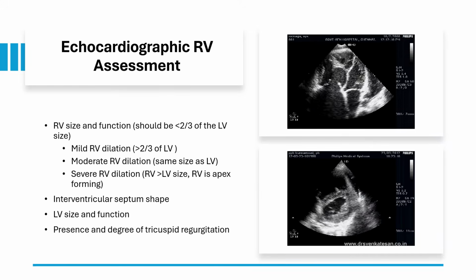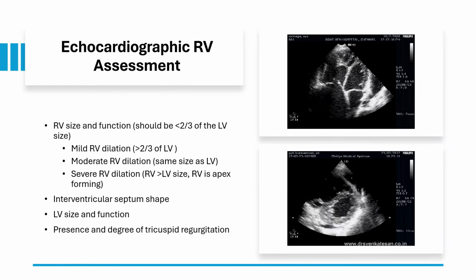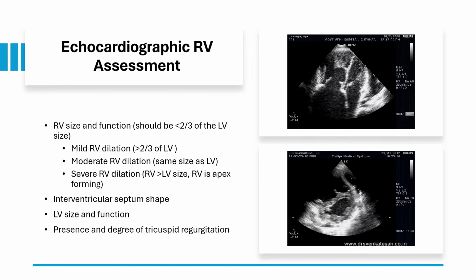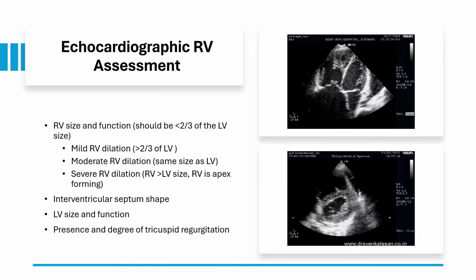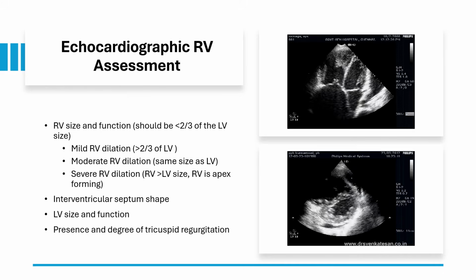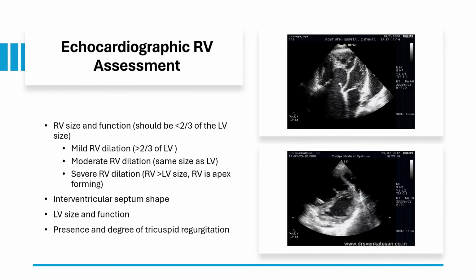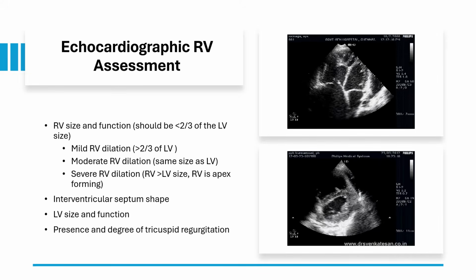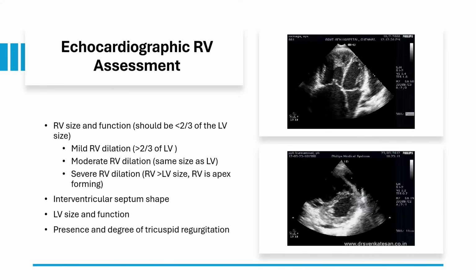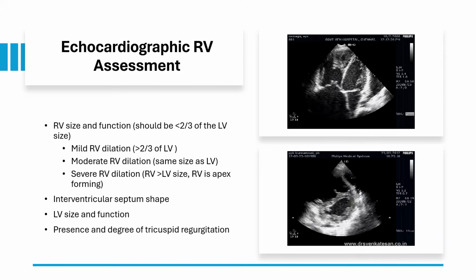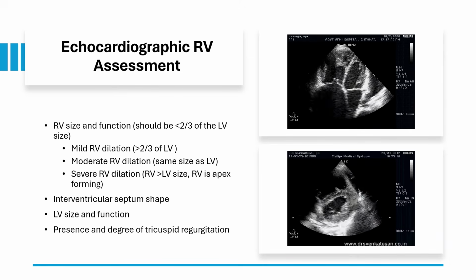On the bottom right, you see a parasternal short axis view with significantly enlarged right ventricle and leftward deviation of the interventricular septum, so-called D-sign septum, suggestive of right ventricular pressure and volume overload. Just to summarize, normal RV should be less than 2/3 of the LV, typically assessed in the apical four-chamber view.